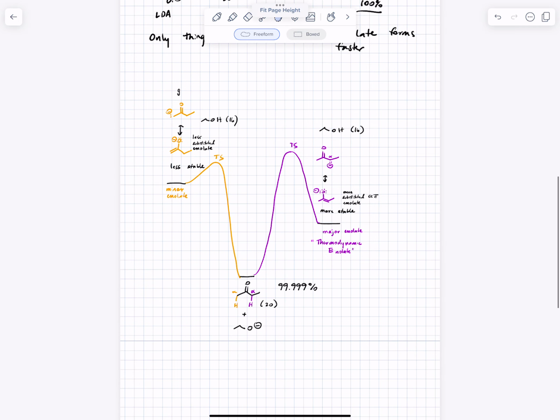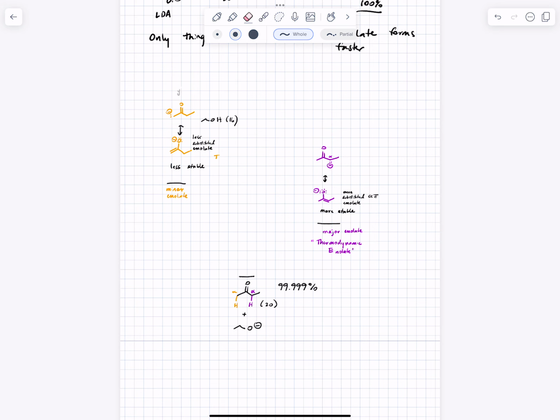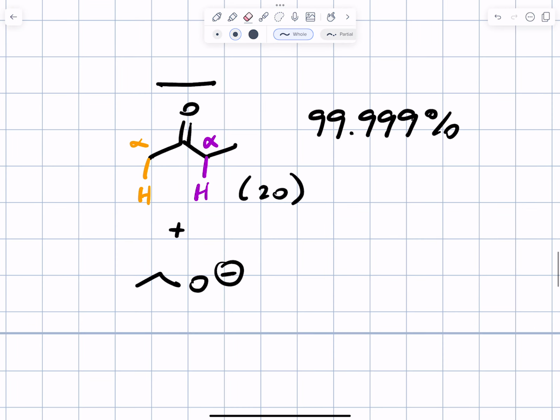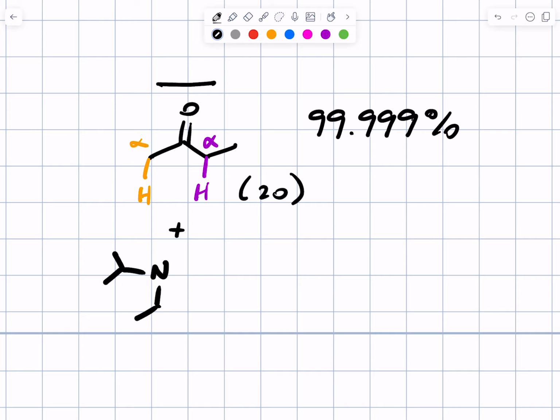Okay. The enolates are going to stay where they are. We're going to erase the base on either side. We're still going to have this starting material with a pKa of 20, only our base is going to be lithium diisopropyl amide, or LDA.